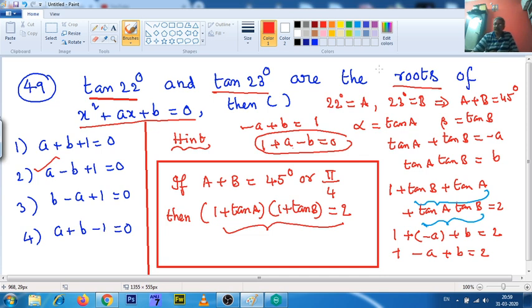Explain the 46th question once again. I did not save this one, but I will explain, please go through your notes. First equation is px square plus 2qx plus r is equal to 0. Since roots are real, 4q square minus 4pr greater than or equal to 0, that means q square minus pr greater than or equal to 0.